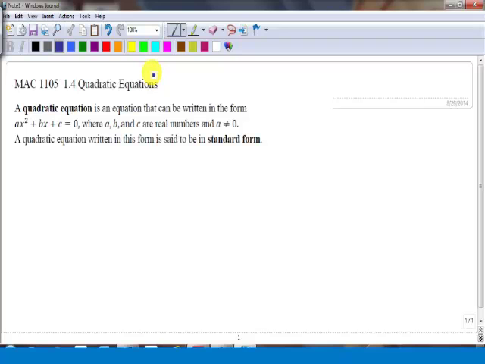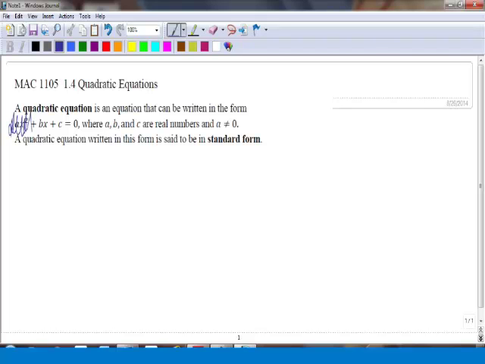The case where it fails to be a quadratic equation is the case where a is equal to 0. That kills the x squared term, and then we just have an x term and a constant term, and then it's linear, not quadratic. So procedures that we could use to solve quadratic equations don't necessarily apply in this situation.